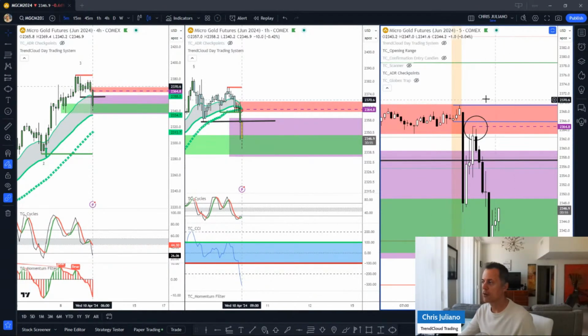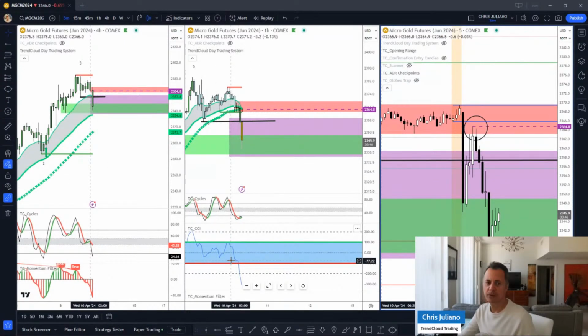Why did this work? Well, this worked most likely because we've got downward momentum.